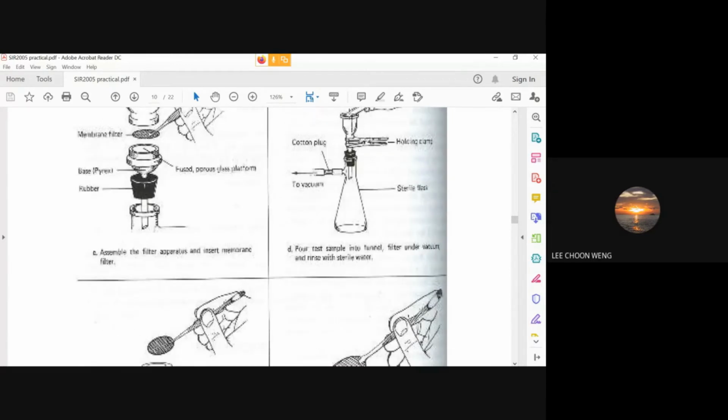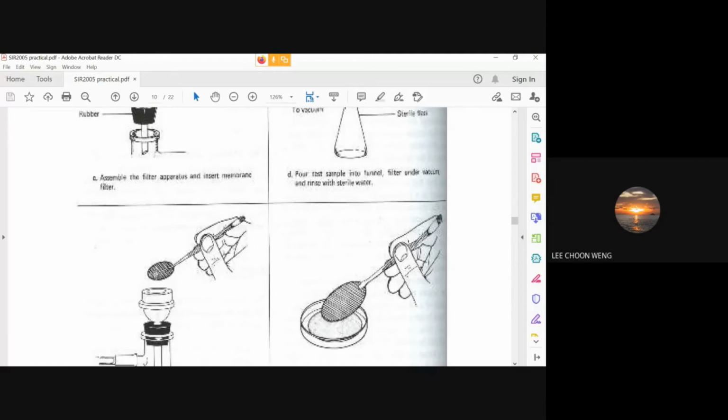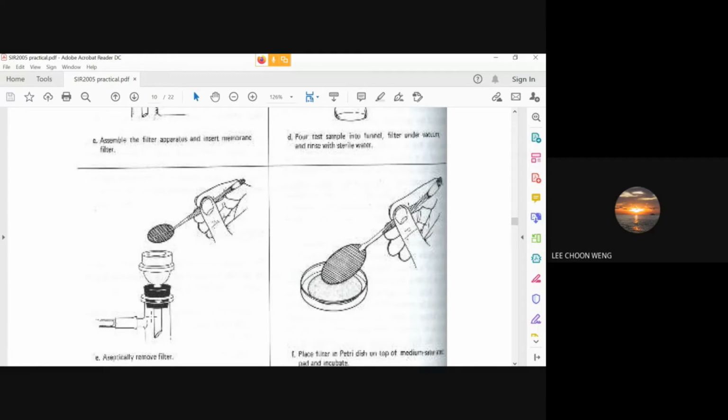Sometimes after filtration, you'll find that it is difficult to pick up your filter because the vacuum is still on. There's still vacuum here, so your filter is a bit more difficult to pick up. You have to turn off the vacuum or unplug this so that the membrane filter is easier to pick up.